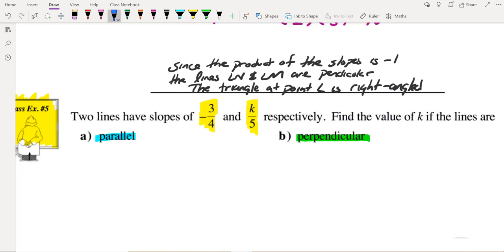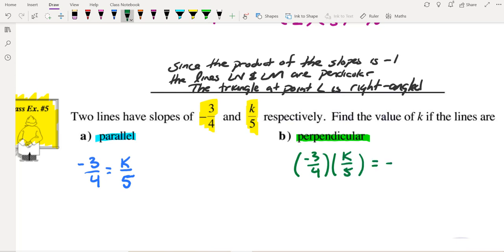If things are parallel, they need to have the same slope. So the -3/4 needs to equal k over 5. If they are perpendicular, when we multiply the two numbers together, -3/4 times k over 5, it needs to equal -1.